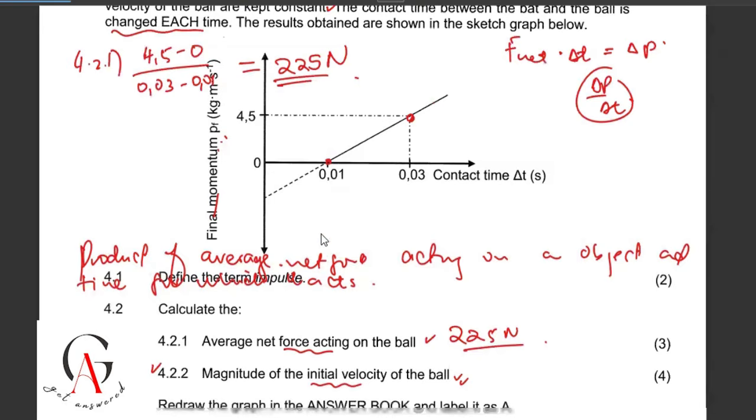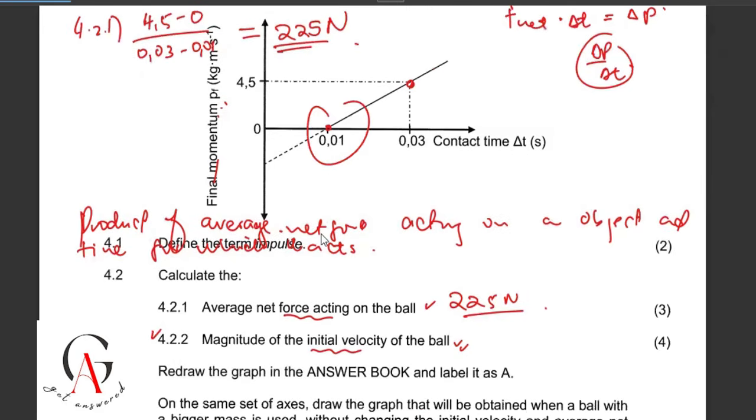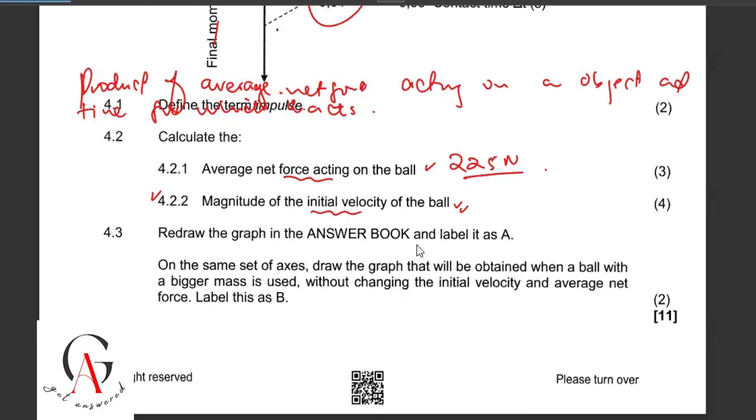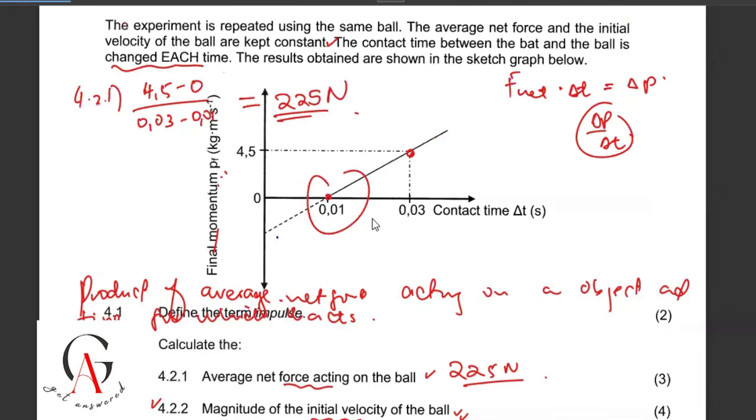Now, if I'm to use 0.01 as my point of reference, I'll come down and say that F net times delta t is going to be equivalent to the change in the momentum, meaning that I'm going to have p final minus p initial. And since this is the p final, my p final is 0 at that point.